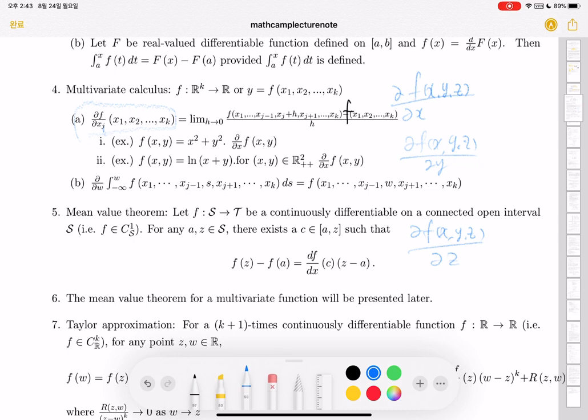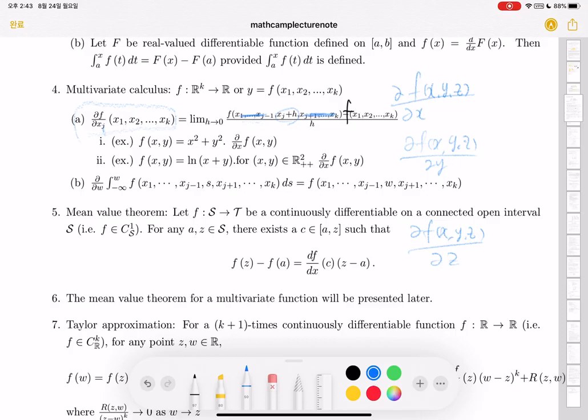When you do the partial derivative with respect to xj, you take all other variables constant, fixed, and change only xj slightly by amount h, and then bring this h toward 0.